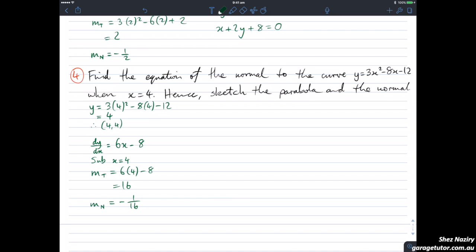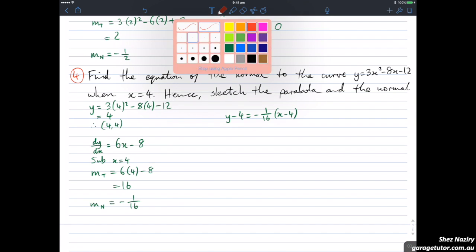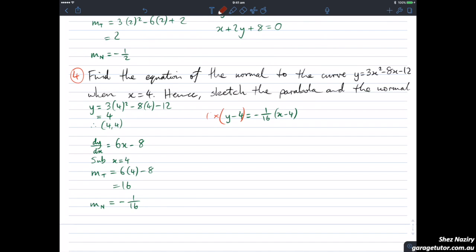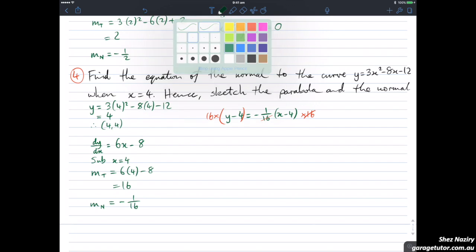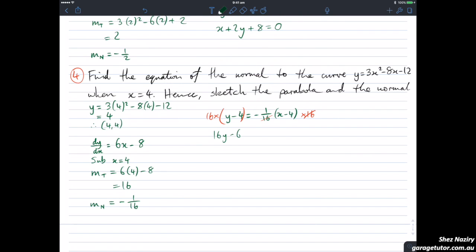Now I've got a point and a gradient. Let's find the equation of the normal. So y minus 4 equals negative 1 on 16 (x minus 4), and you guys know the rest of the process. So 16y minus 64 equals negative x plus 4, so x plus 16y minus 68 equals 0. There we go. All good, guys?